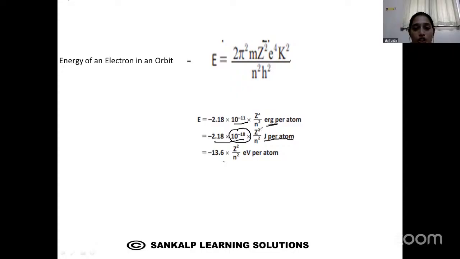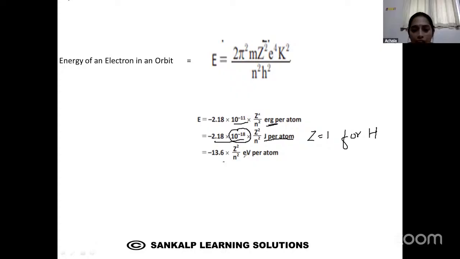Z square, again, is the atomic number. Which atom? If it is given for hydrogen, we have to substitute Z is equal to 1 for hydrogen, and n is equal to 1, 2, 3, 4 possible for different orbits.